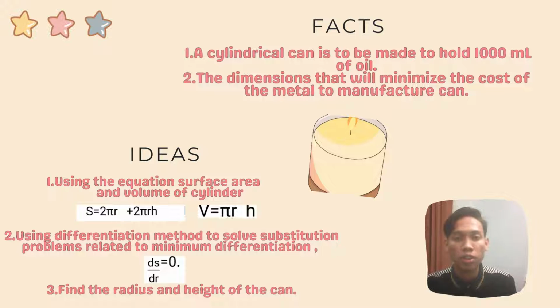Next is using the differentiation method to solve the substitution problem related to the minimum, ds/dr equal to 0. And lastly, find the radius and height of the can.